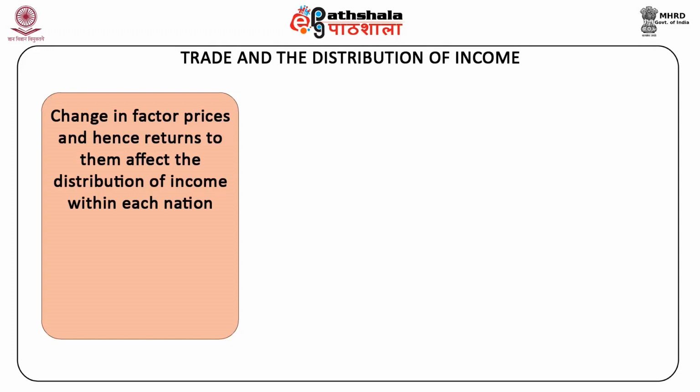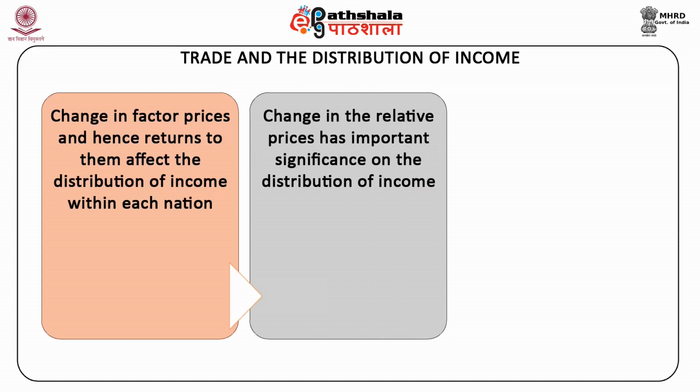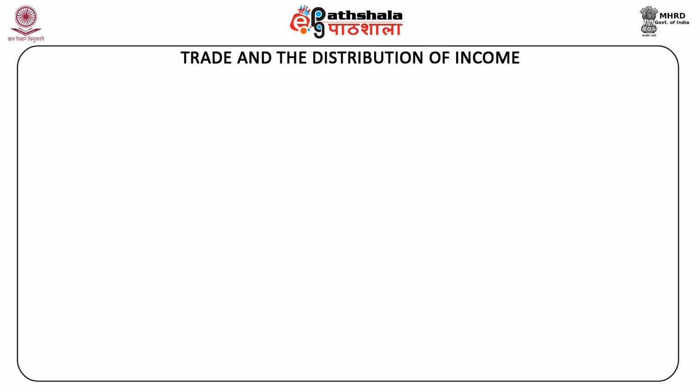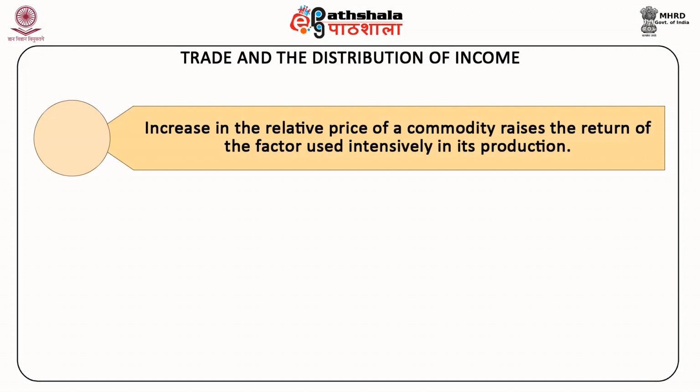In other words, the change in the relative prices has important significance for the distribution of income. That is, it has a strong effect on the relative earnings of workers and landowners. The factor price equalization theorem demonstrates that an increase in the relative price of a commodity raises the return of the factor used intensively in its production.